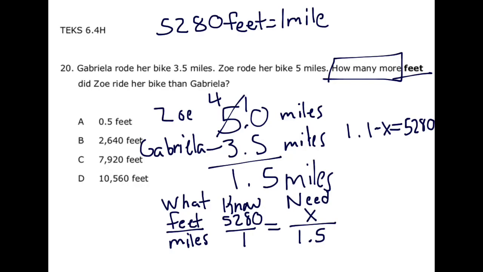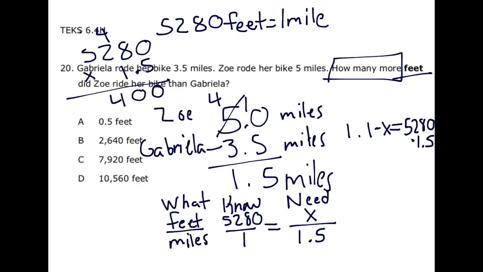5,280 times 1 5/10. When I multiply 5,280 times 1 5/10, 5 times 0 is 0, 5 times 8 is 40, 5 times 2 is 10, plus 4 is 14, 5 times 5 is 25, plus 1 is 26, and then I multiply 1. 1 times 0 is 0, 1 times 8 is 8, 1 times 2 is 2, 1 times 5 is 5.